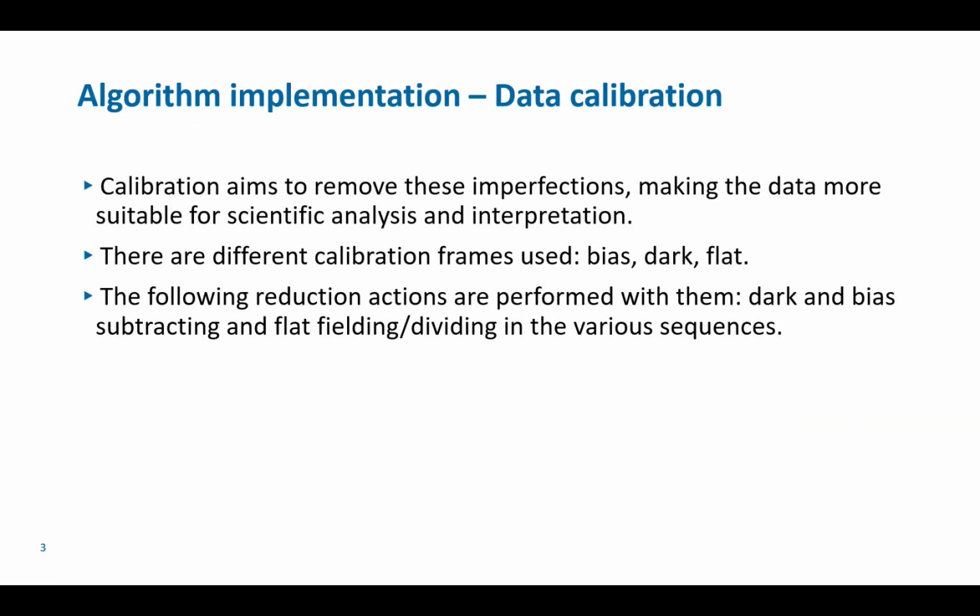The data calibration step aims to remove imperfections, making the data more suitable for scientific analysis and interpretation. In our case, we used dark and bias subtracting and flat fielding dividing in the various sequences.